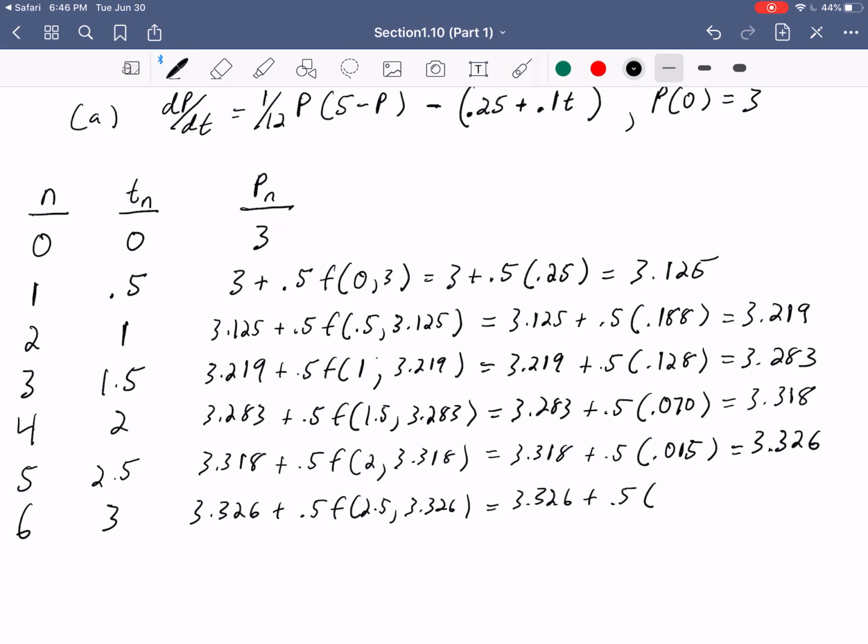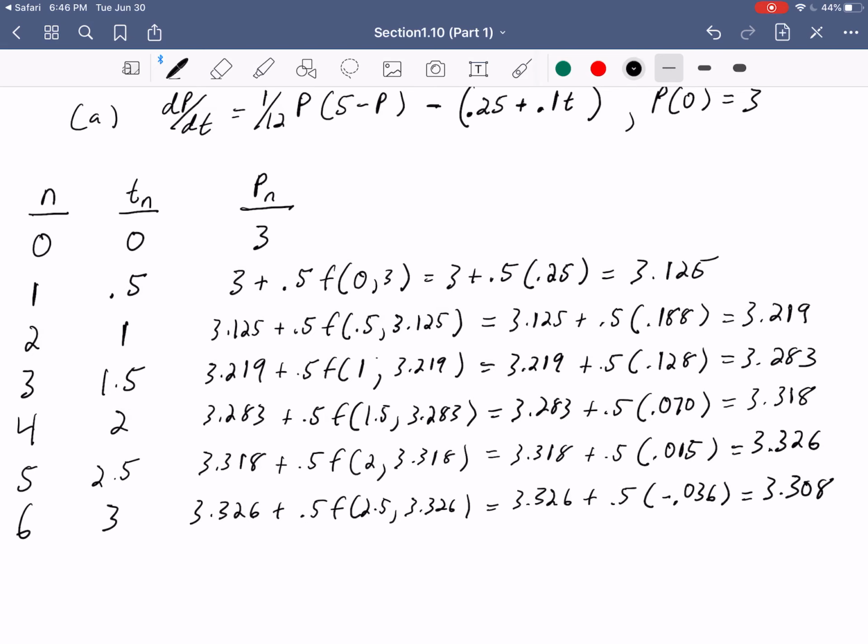We plugged in one more time. So 1 divided by 12 times 3.326 times 5 minus 3.326 minus 0.25 plus 0.1 times our previous one, which is 2.5. We get a negative, so now the population is starting to decline, negative 0.036, and we get 3.326 minus 0.5 times 0.036, and looks like we should end at about 3.308.